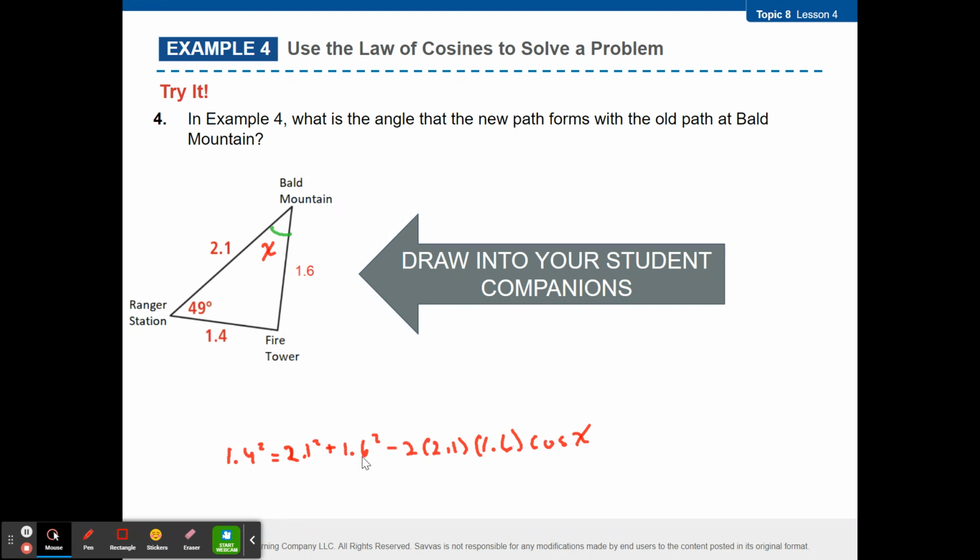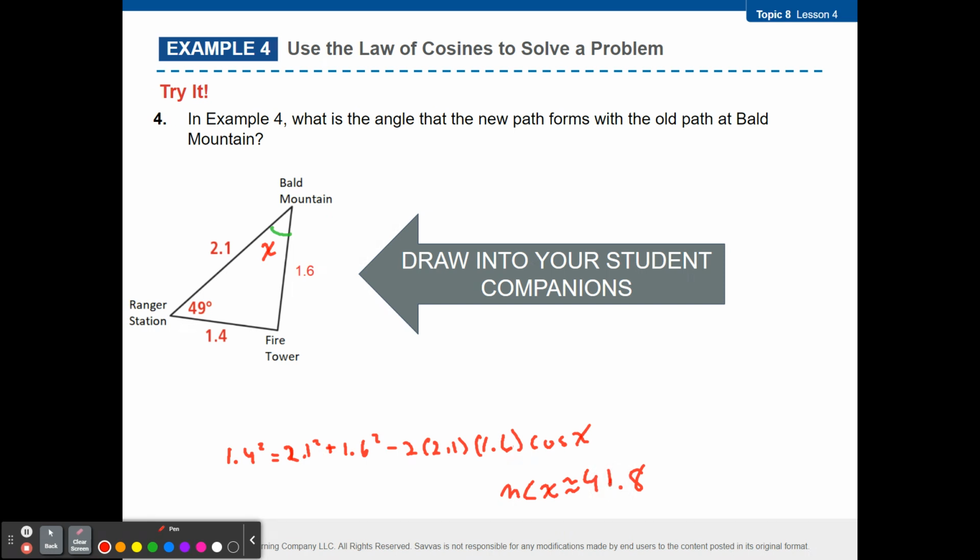This is 4.41. This is 1.96. This is 2.56. Subtract these two, divide by this, take the inverse cosine. You should get, for the measure of angle x, which we appropriately called it, 41.8.